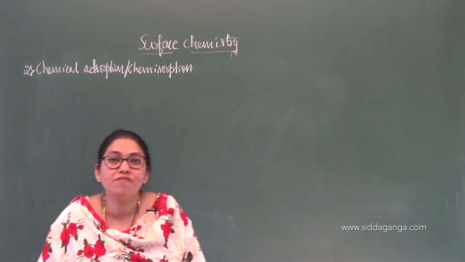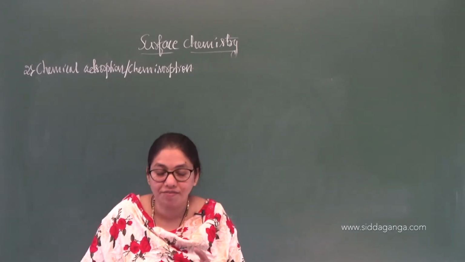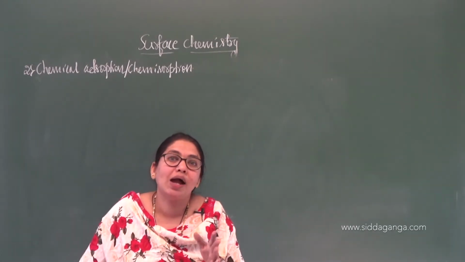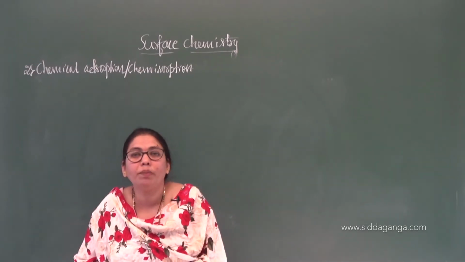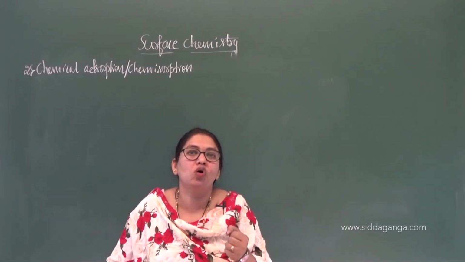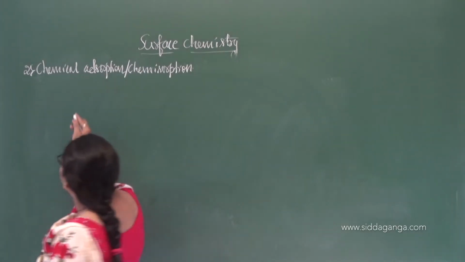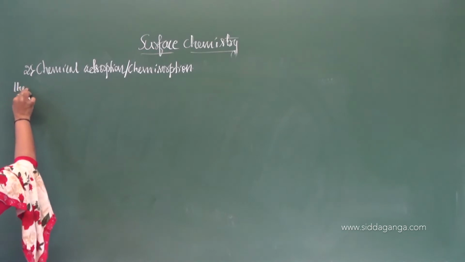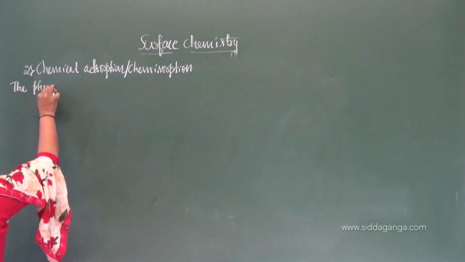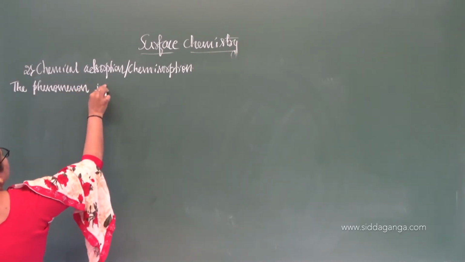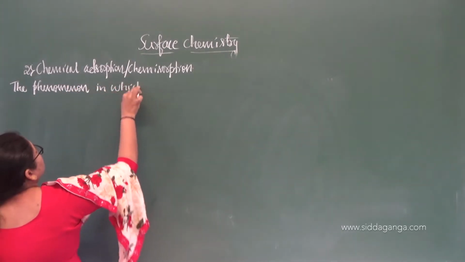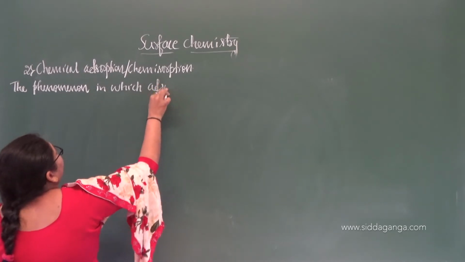So what is this? The type of adsorption, or the phenomenon, in which adsorbate is held on the surface of adsorbent by means of strong chemical bonds. Let me write the definition. The phenomenon in which adsorbate is held on the surface of adsorbent by strong chemical bonds.